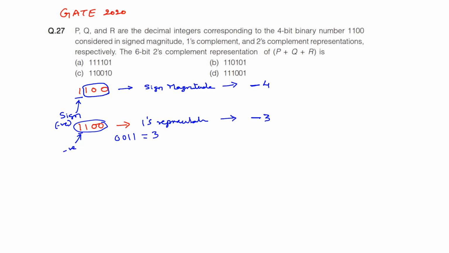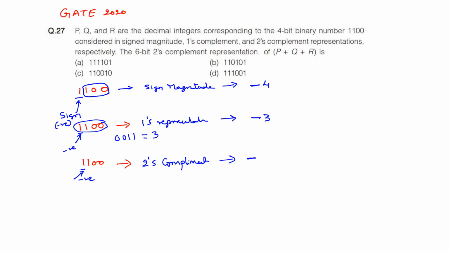Similarly, 1100 in 2's complement method. If the MSB is 1, which always indicates a negative number, put a minus sign.